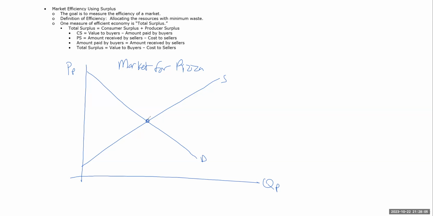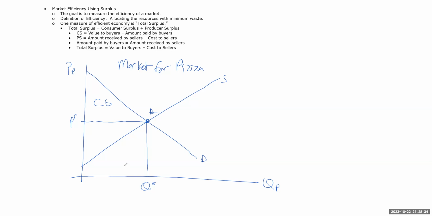This is happy-go-lucky equilibrium A. This is the prevailing price, P star, and the amount being bought and sold, Q star. Consumer surplus is the area below the demand curve, or the willingness to pay, above the price paid, P star. So consumer surplus is this upper triangle.